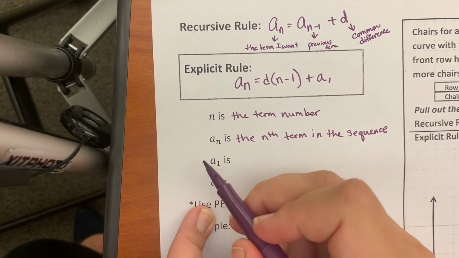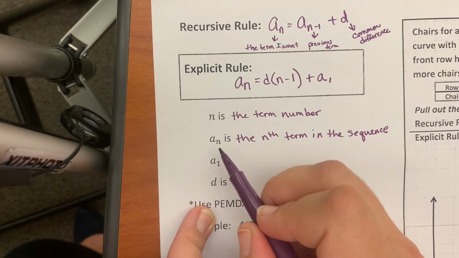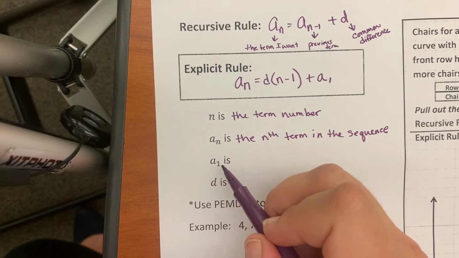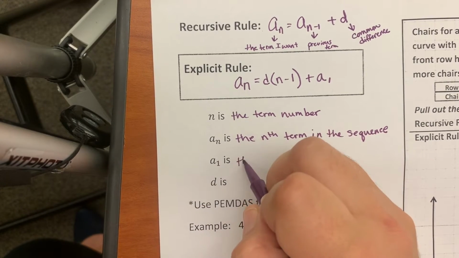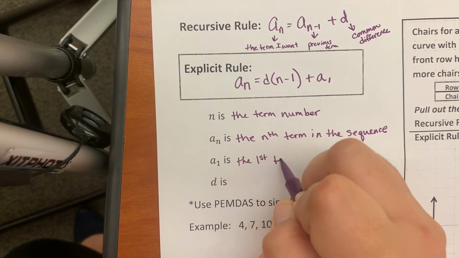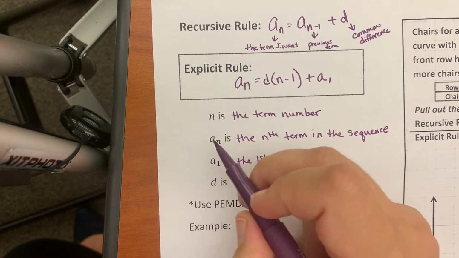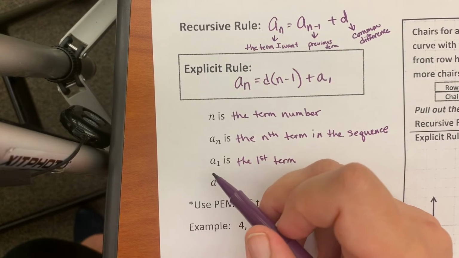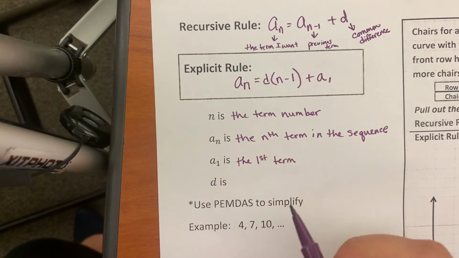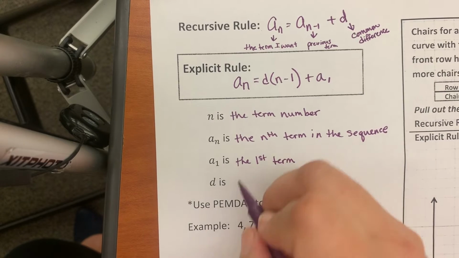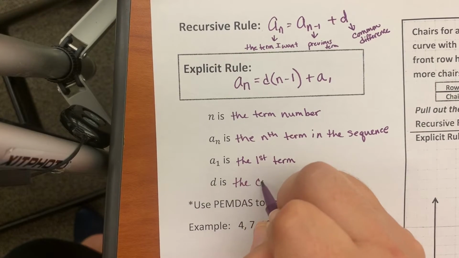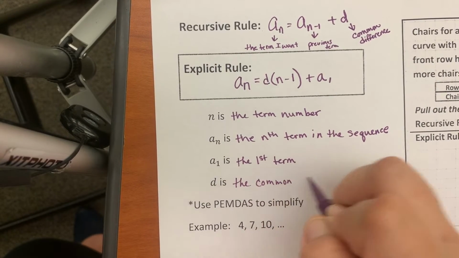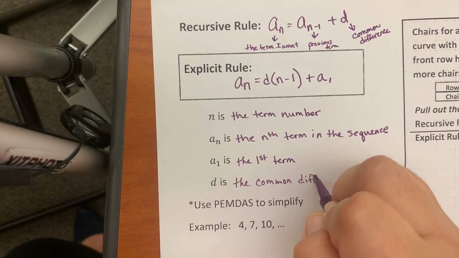Along those same lines, see how there's a 1 here? That means n is 1, so a sub 1 is the first term. We can put any number in the n spot. Sometimes when we're writing the rule, it'll just have an n, but other times, if we're looking for a specific term, it'll have a number in it. We're going to do an example also. d, as we know, is the common difference. If you need to pause here to catch up and write these things, feel free to do so.